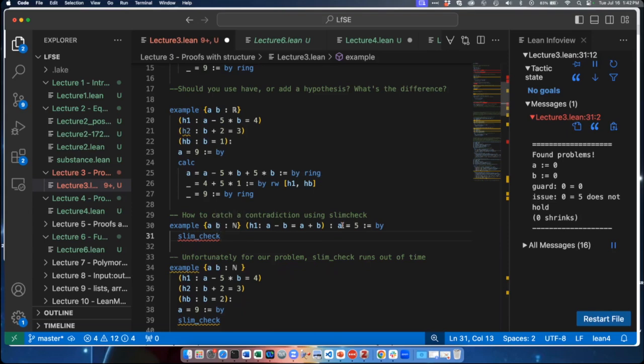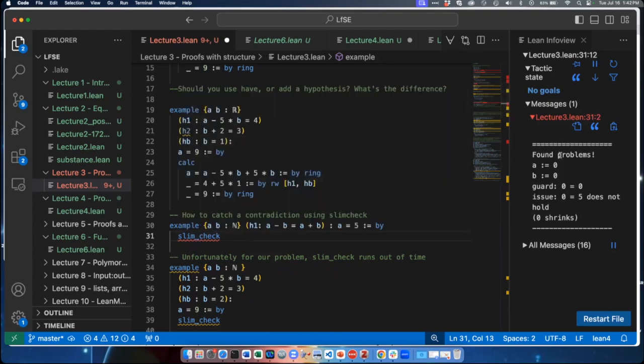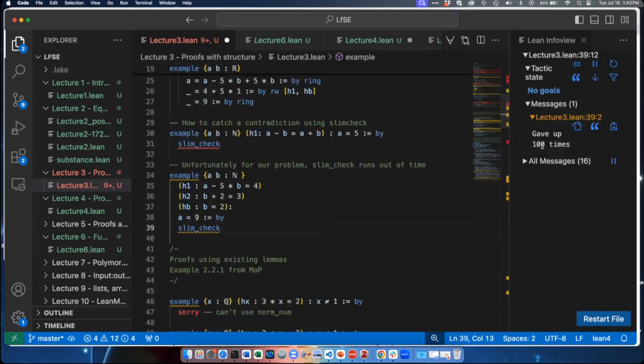And so I'm trying to use this statement to prove that a is equal to 5, and I can invoke slim check to find problems. And it was able to find a contradiction in this case. I tried with the example that I set up to run slim check, but this one tried 100 times before giving up. It's searching for a counterexample among variable assignments for a and b, and it didn't find it.